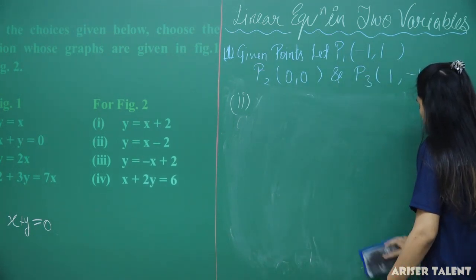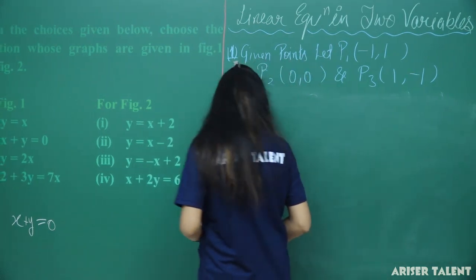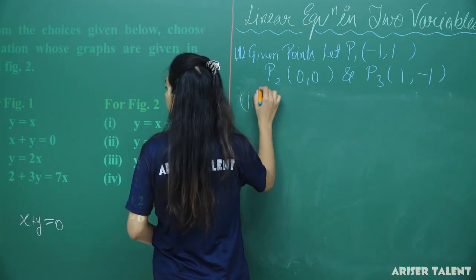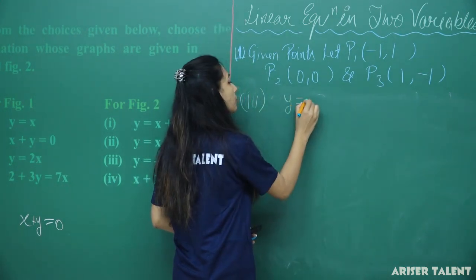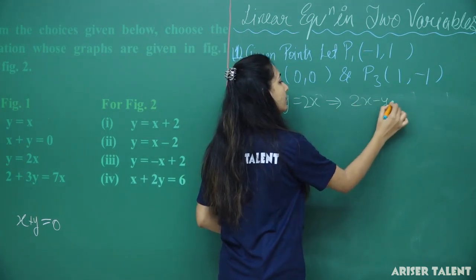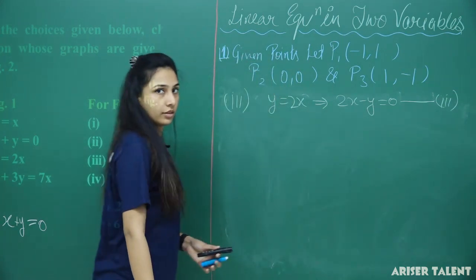So okay, now you know the procedure. The third one, the given equation is what? y equals to 2x, so I can write it as 2x minus y equals to 0, and this is my equation third.